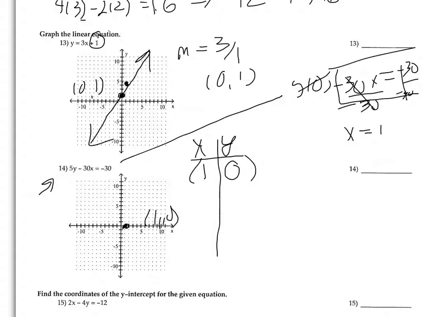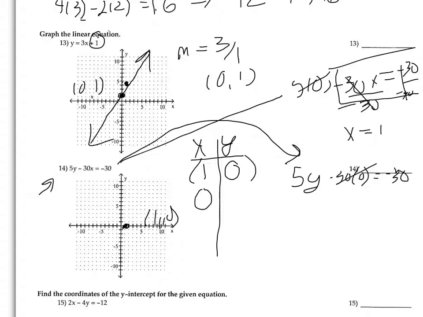Now, we could plug another point in for y and solve for that, but it's just as easy to use the y-intercept. To find the y-intercept, we plug 0 in for x. So plugging 0 in for x, we have 5y minus 30 times 0 equals negative 30. Well, negative 30 times 0 is 0, so we have 5y equals negative 30. Divide by 5, and we get y equals negative 6.